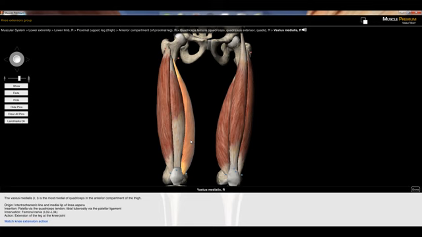Sometimes you'll hear the terms VML and VMO for the vastus medialis longus and the vastus medialis obliquus. There's some controversy as to whether the oblique fibers actually pull the patella medially. It depends on what you read, and I think oftentimes we look at that VMO as a component of patellofemoral dysfunction, and there may be some contributions.